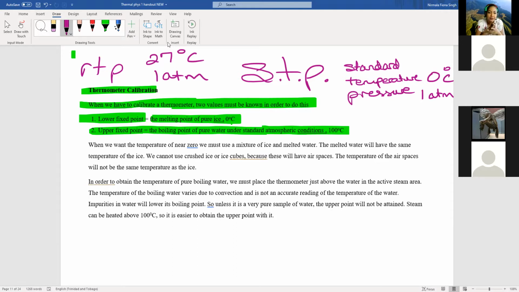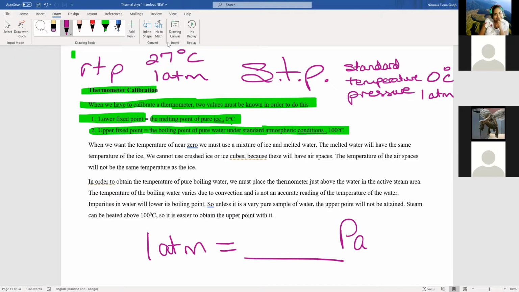You all should know. Anybody could tell me what's the pressure of 1 atmosphere? We're doing exam revision time. Anybody? How many pascals are in an atmosphere? So wait for me to draw it out.